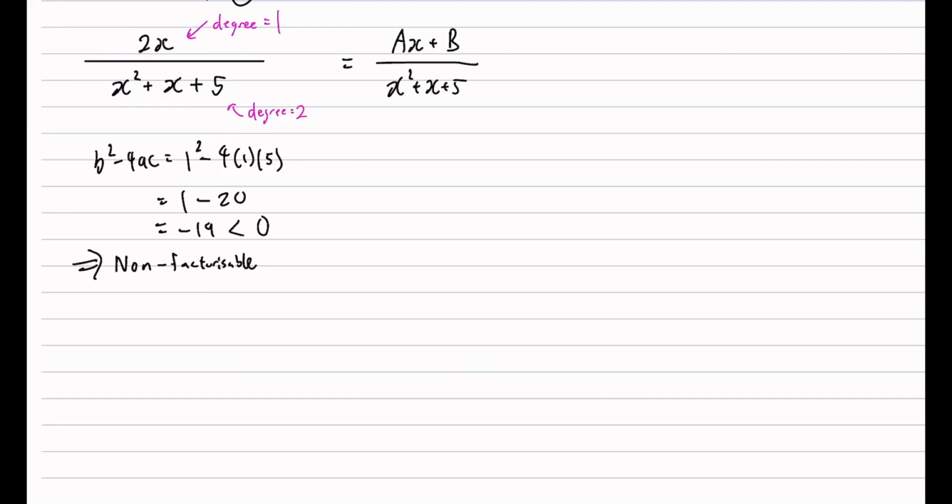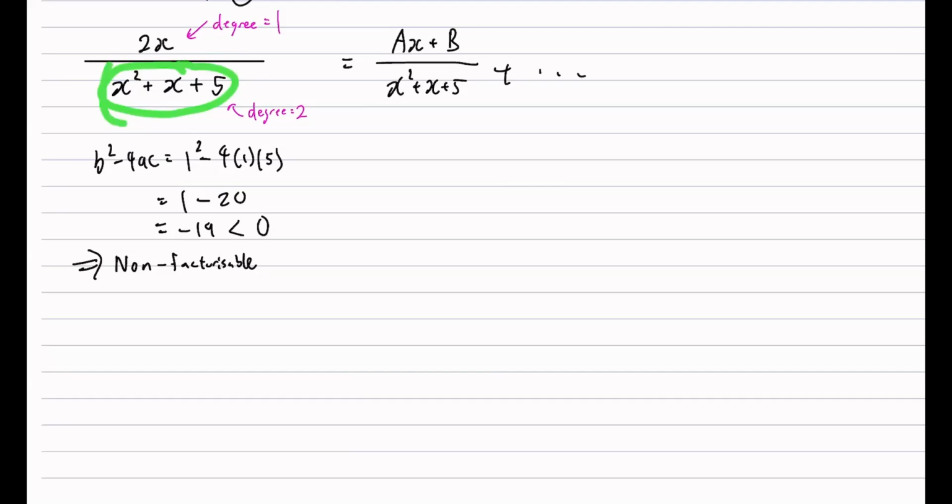Is there anything else? Mm, no, there isn't. Which means that this one is already done. You don't need to partial factorize, because over here, this is just one single factor already.